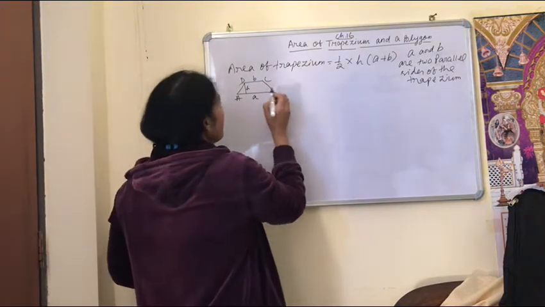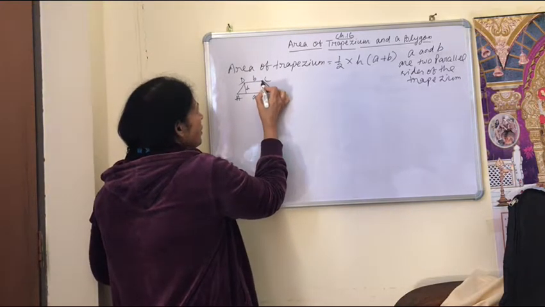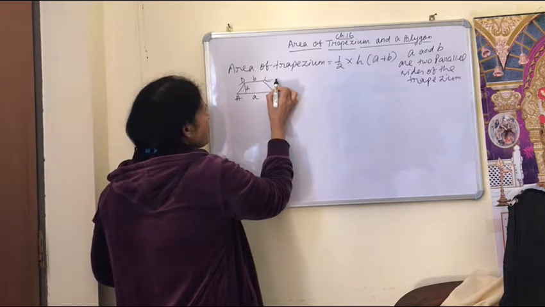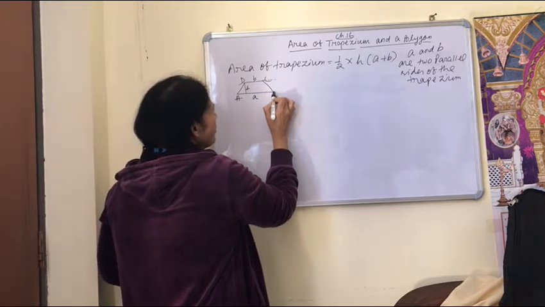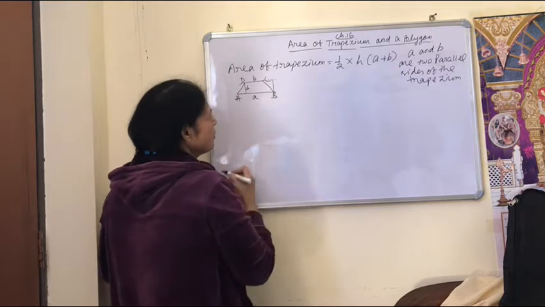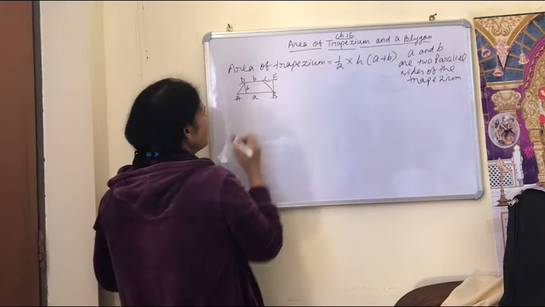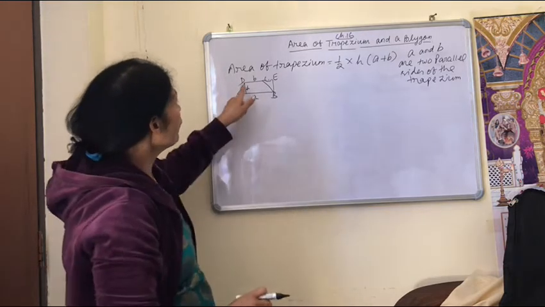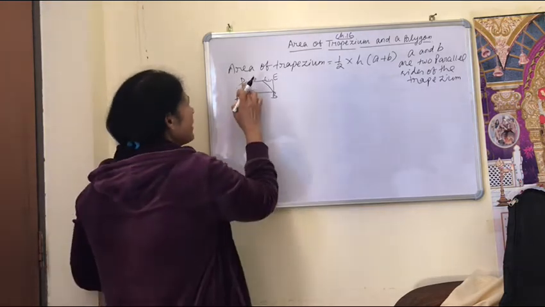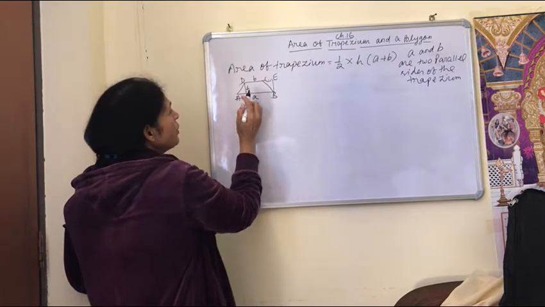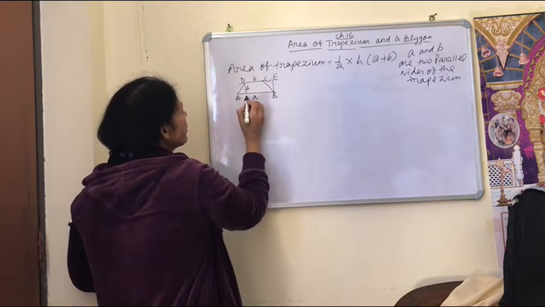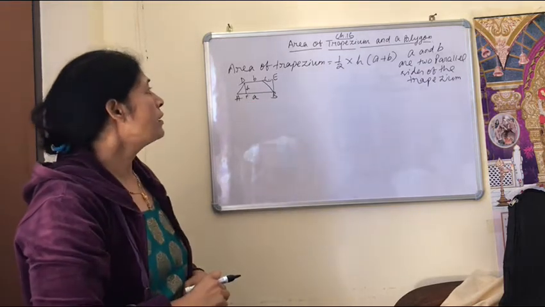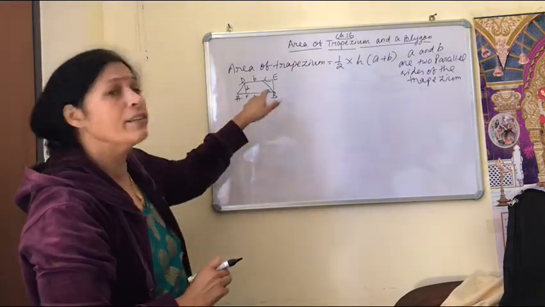Suppose I extend this line DC, then you draw another height, and you join, suppose you get the rectangle DEBF.